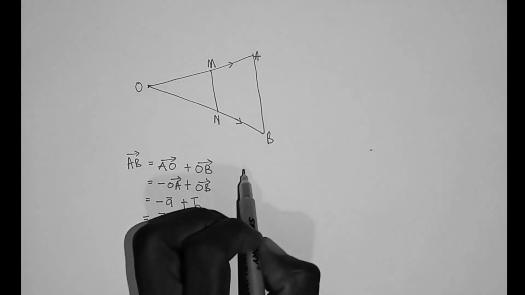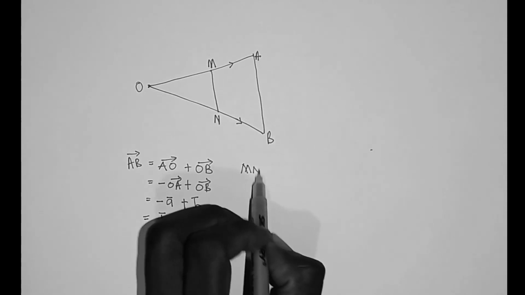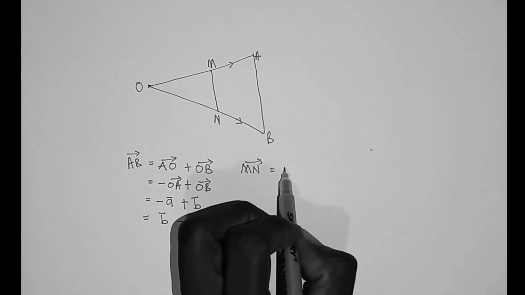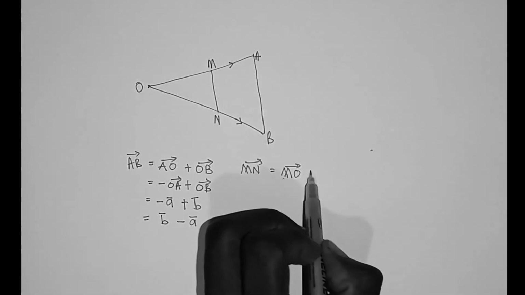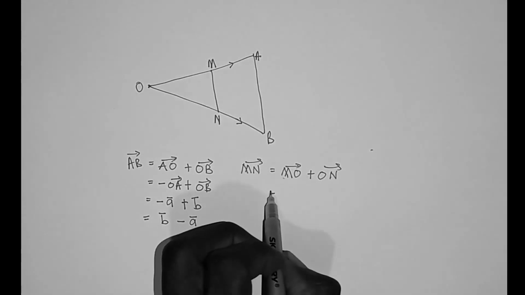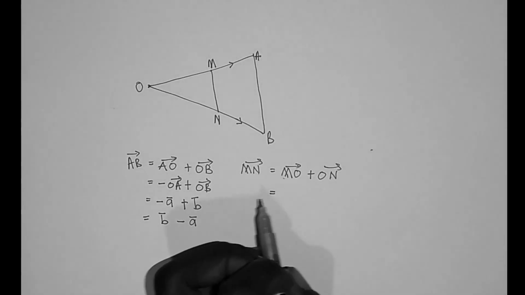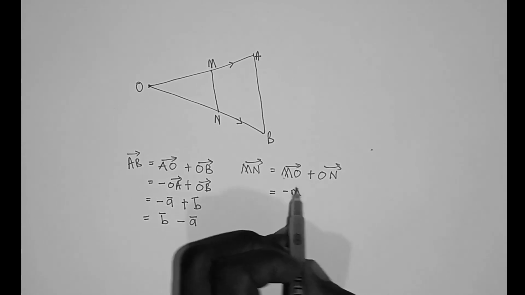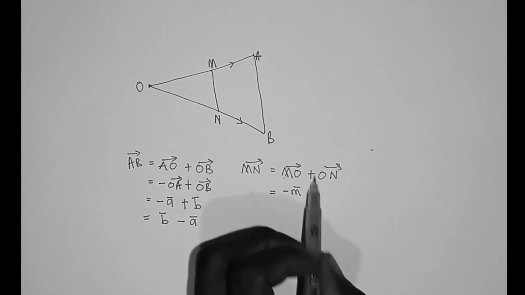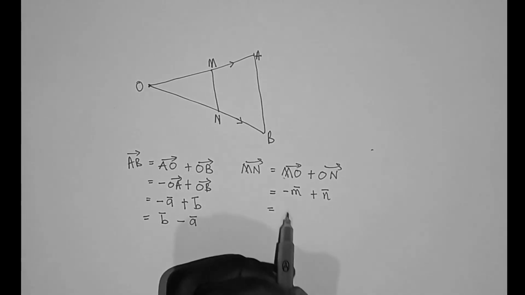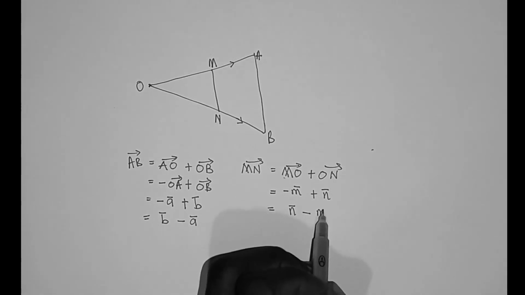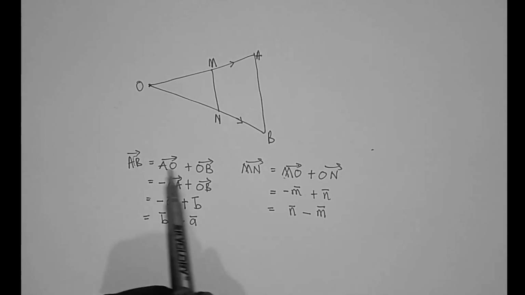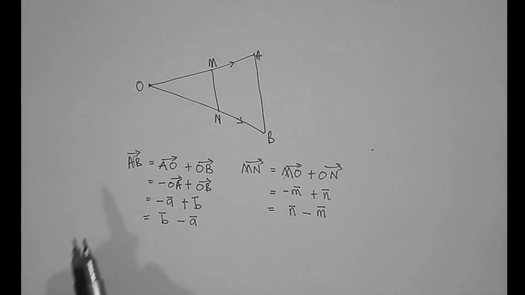So for example, if it was not AB, maybe we're given MN, then MN is equal to the position vector MO plus ON, and this is equal to the position vector M. However, the position vector M will become minus M, then plus the position vector N, and this is equal to position vector N minus position vector M. So you can see from these two examples that it is the second position vector minus the first position vector.